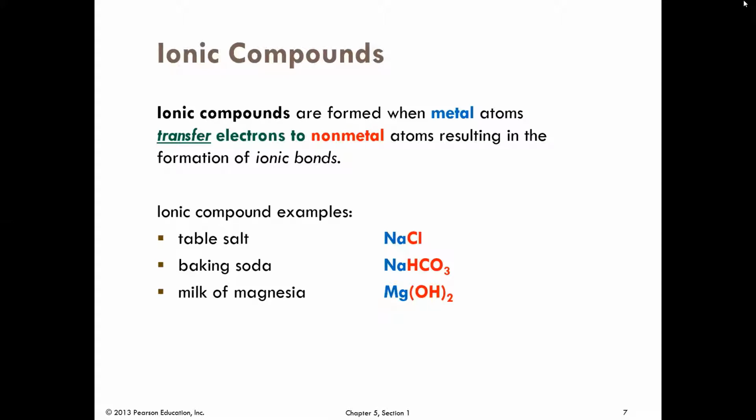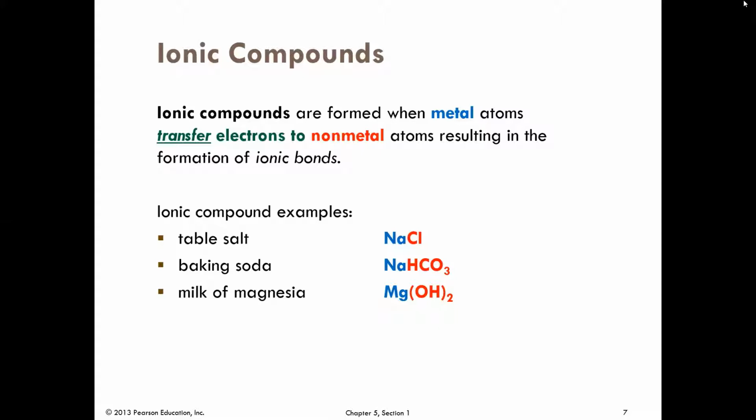Because they're losing an electron, they're going to have more protons, so more positives in their nucleus, than they have electrons floating around. So they'll have a plus charge, either a +1 or a +2 or a +3, and this all depends on the group number. So they're all going to give away their electrons.